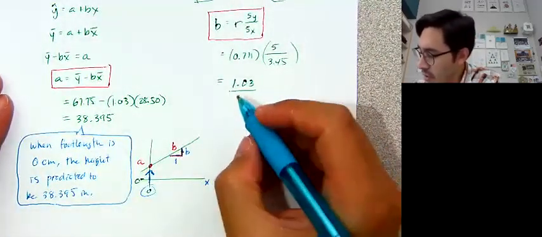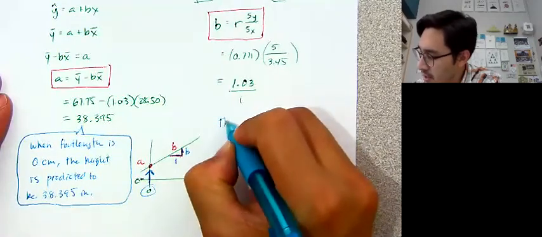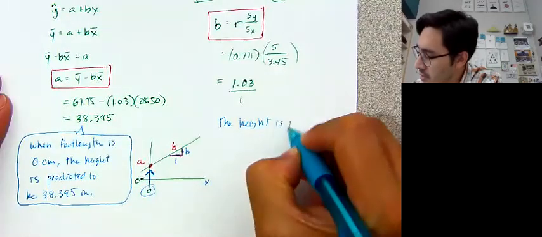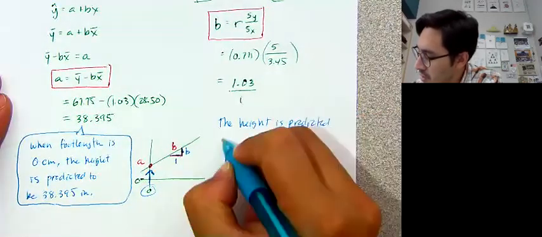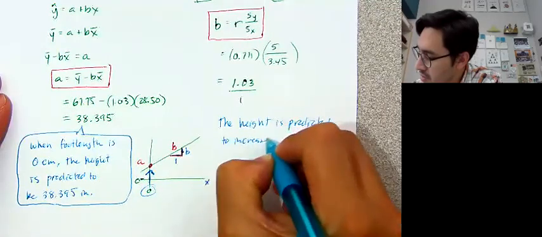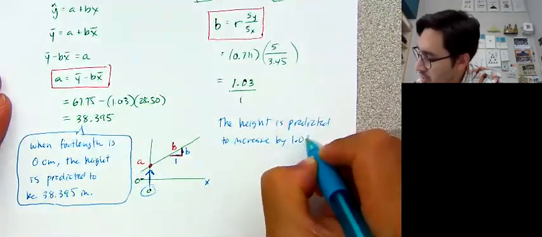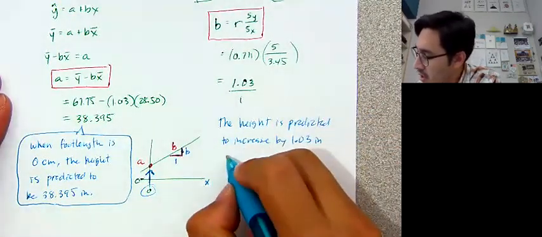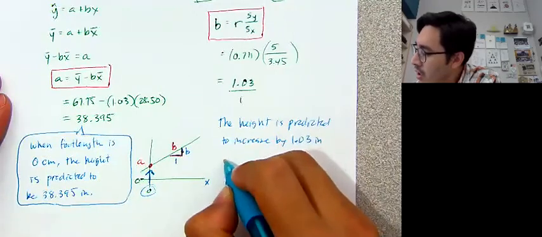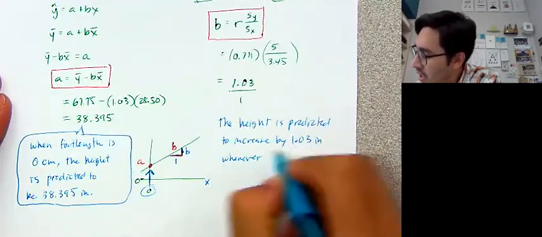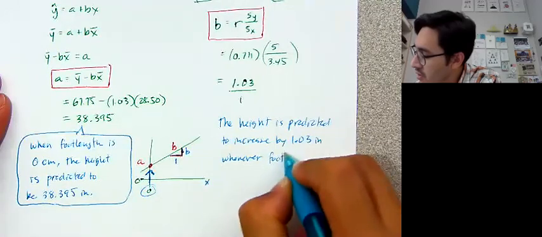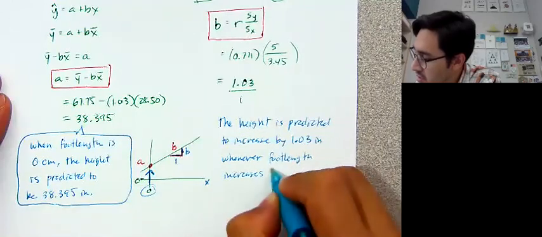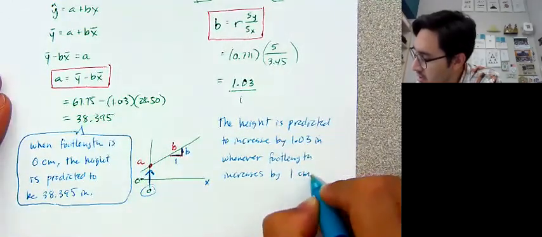So we could say the height is predicted to increase by 1.03 inches whenever foot length increases by 1 centimeter.